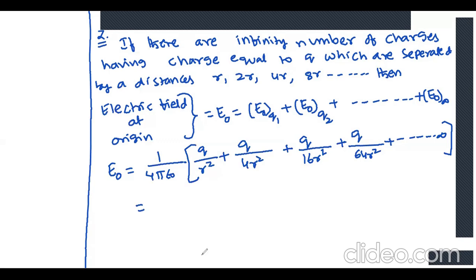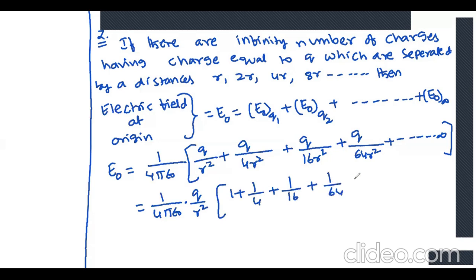Take Q by R square common: 1 by 4 pi epsilon naught Q by R square times 1 plus 1 by 4 plus 1 by 16 plus 1 by 64 and so on to infinity.